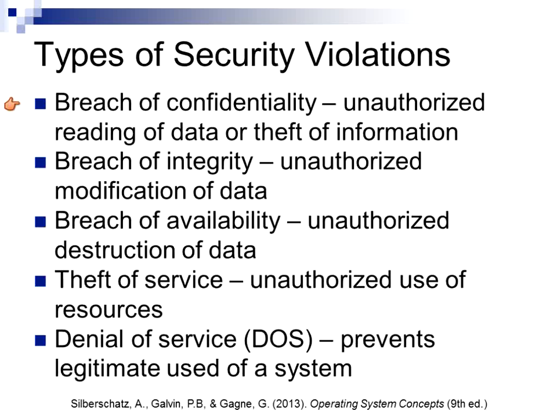So this is unauthorized reading of data or theft of information. This happens if someone breaches security and gets credit card information, for example. They're not destroying the credit card information, they're simply getting that information and using it.